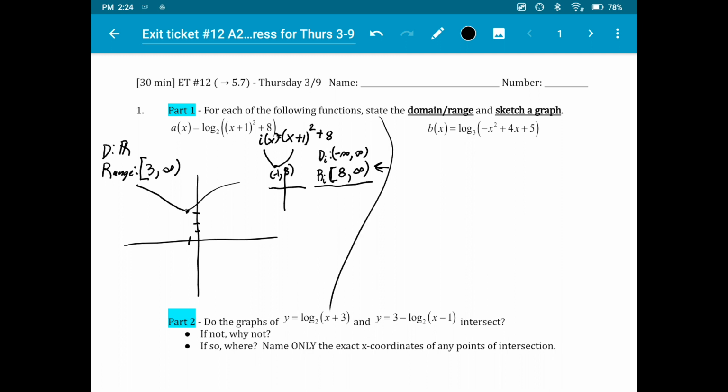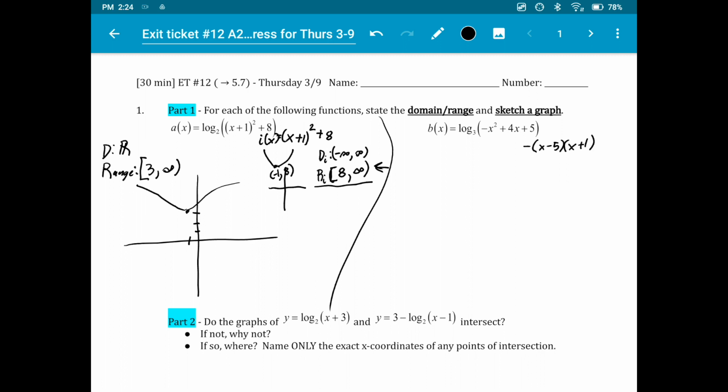For our second function, we are looking at an inside function of -x squared plus 4x plus 5, which I can take, and if I factor it, I get negative (x minus 5) times (x plus 1).